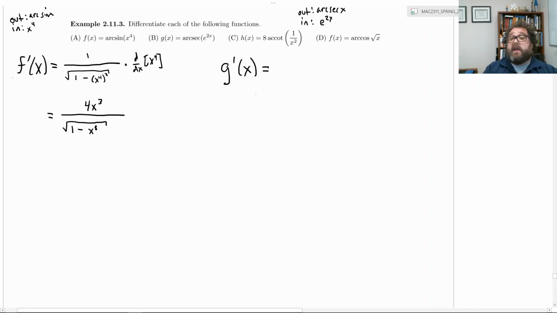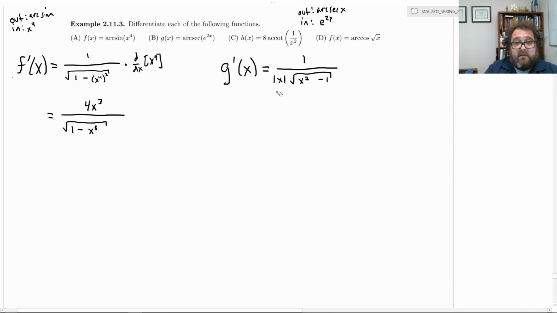Okay, so the chain rule says step 1, you take the derivative of the outside function. So the derivative of the outside function is 1 over the absolute value of x times the square root of x squared minus 1. So there's the derivative of the outside function. But then step 2 of the chain rule says you evaluate that derivative at the inside function.